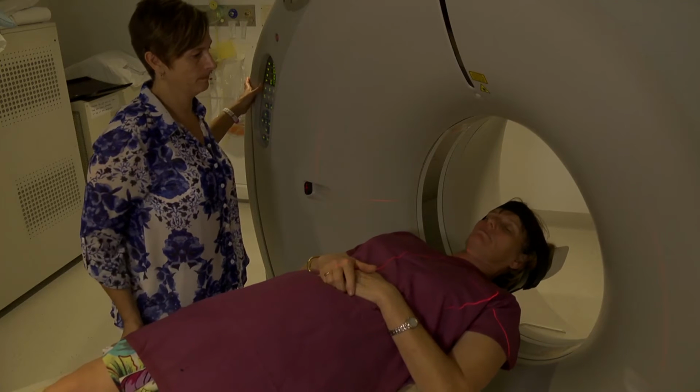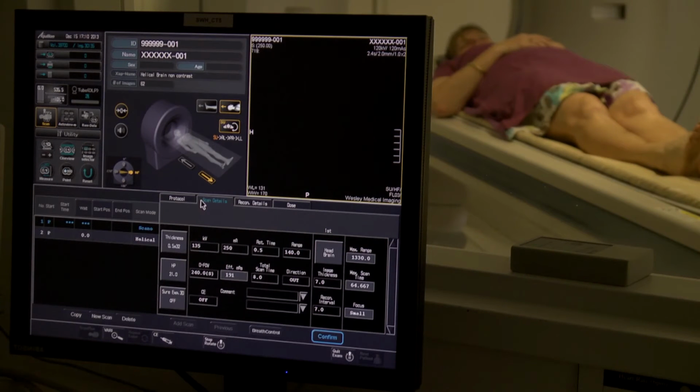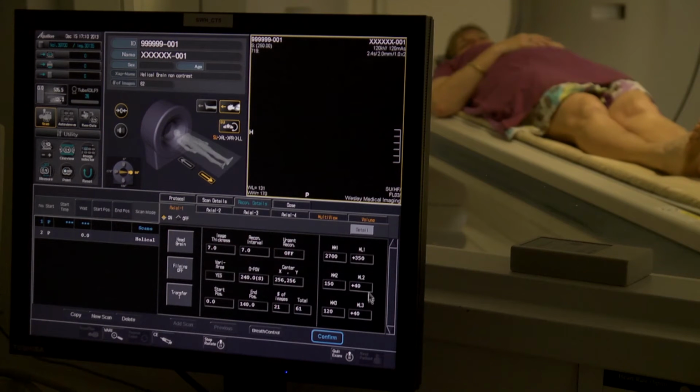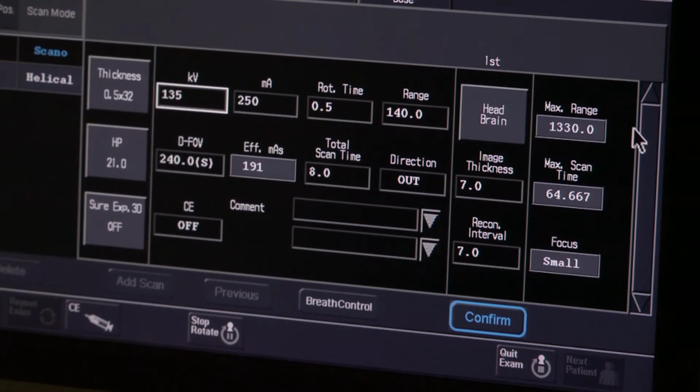Before starting a scan, the radiographer will set up the imaging parameters depending on the area of the body that will be scanned. The voltage and the current used by the scanner will be displayed as well as the windowing parameters W and L. The radiographer can also check the estimation of the radiation dose delivered to the body part.